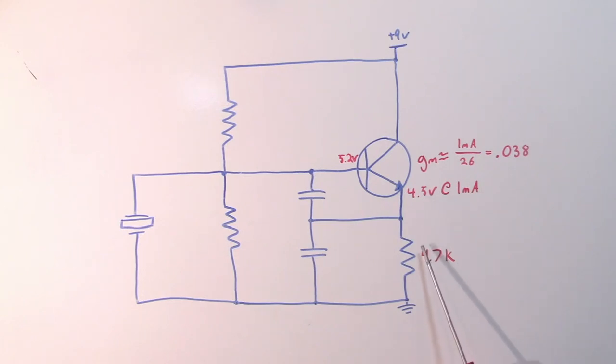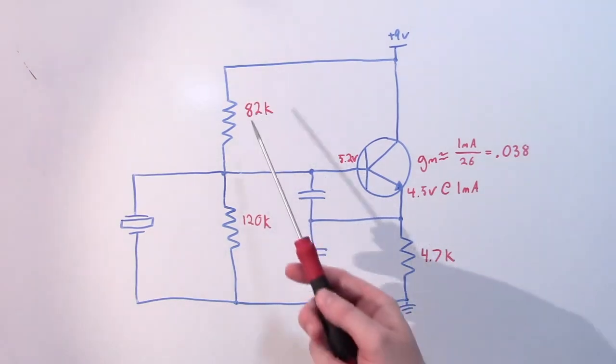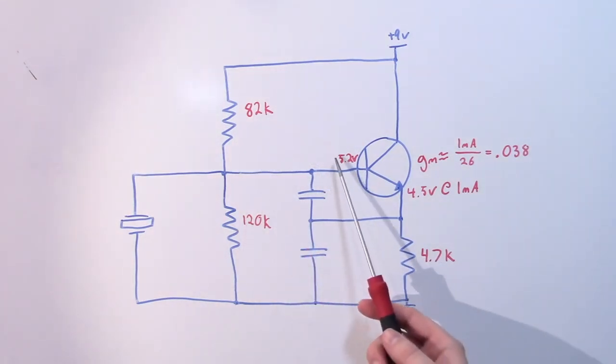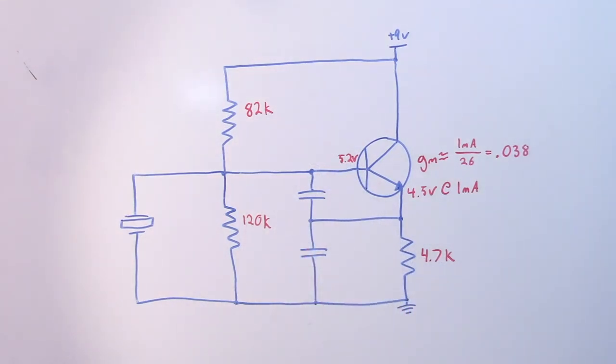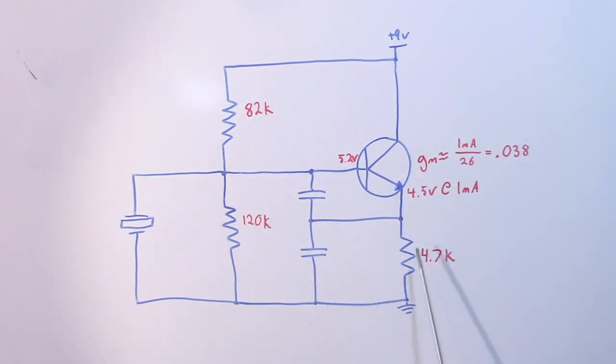With a larger voltage, we can select a larger resistor here to get our desired current. So I've selected 82K and 120K here. That should give us a voltage divider that provides just about spot on 5.2 volts at the base, and their parallel combination is just about 10 times the emitter resistor.